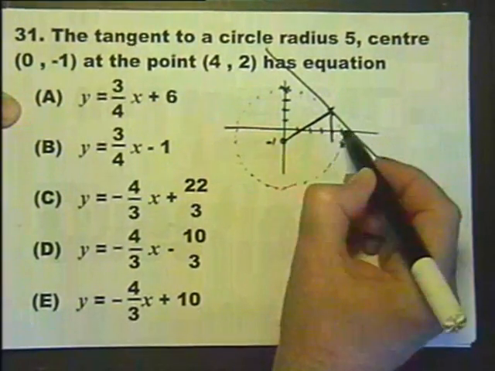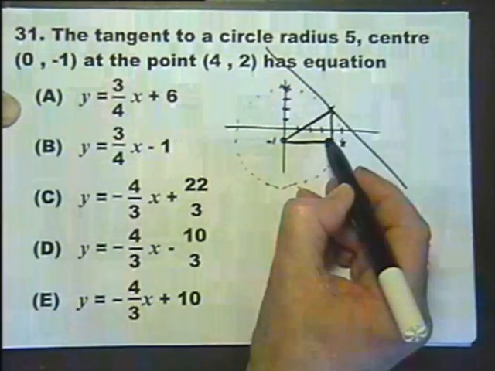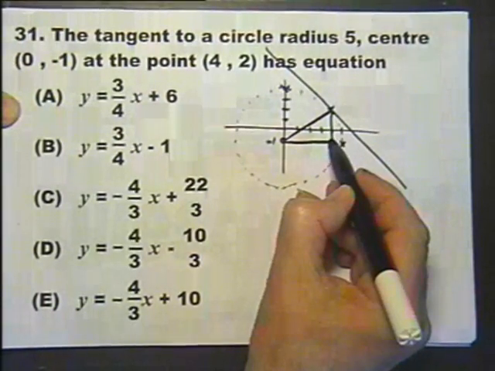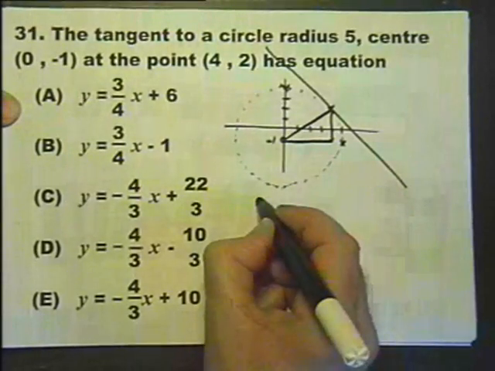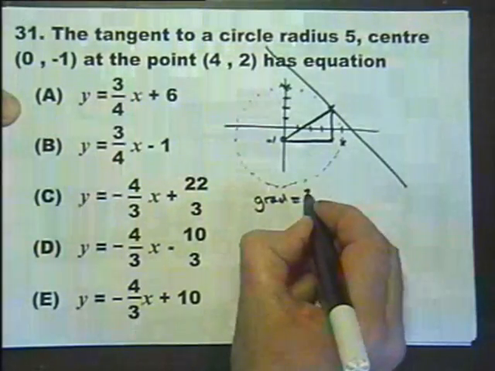So let's have a look at that. The gradient of that line is that over that, which is 1, 2, 3 over 1, 2, 3, 4. So the gradient of that line, or slope, is 3 over 4.